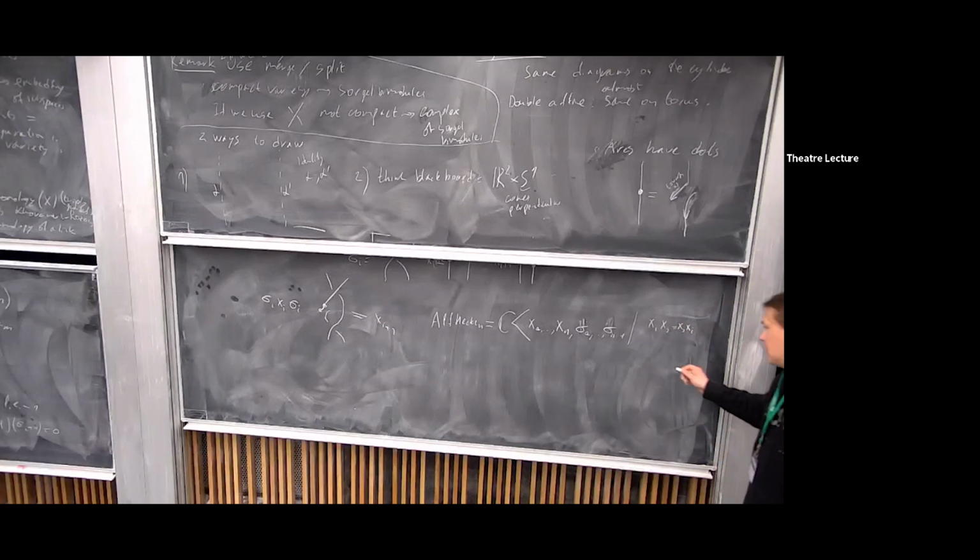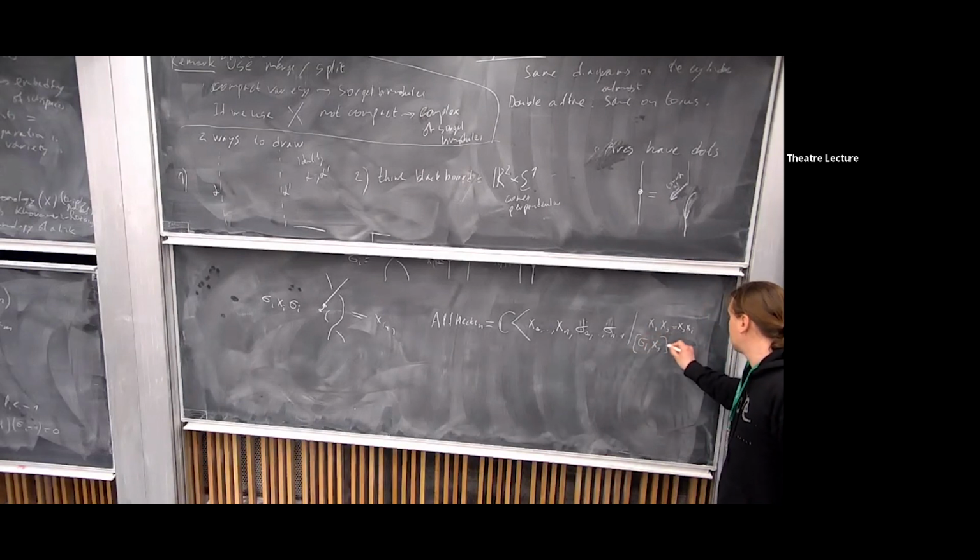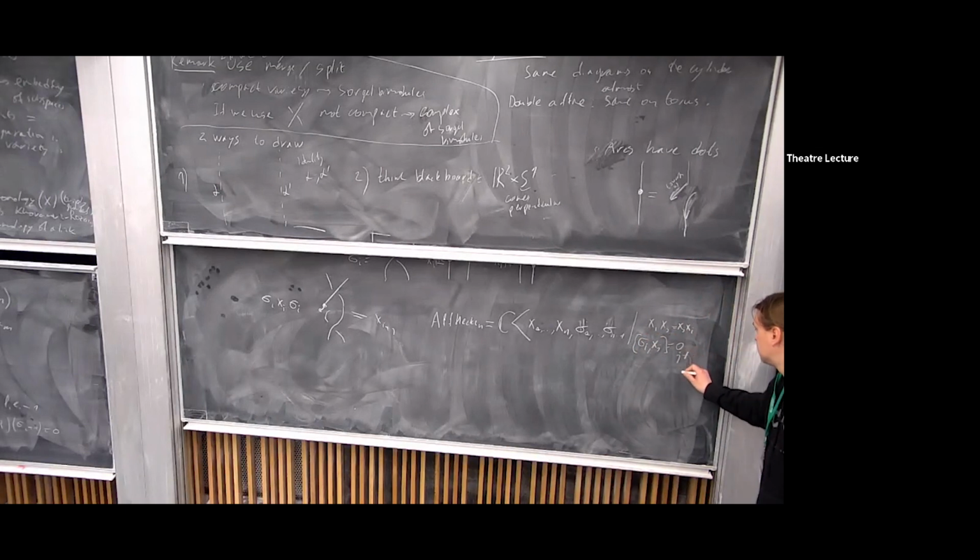And we have sigma i and xj commute if j is not equal to i or i plus 1.